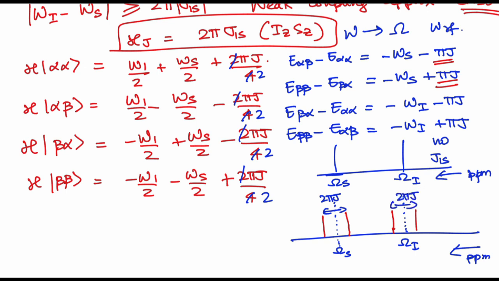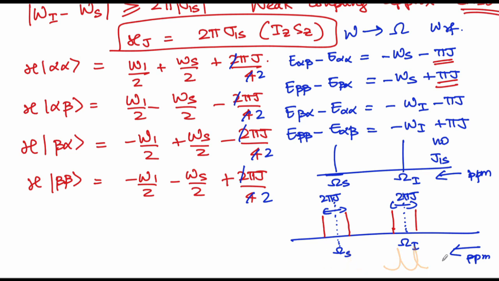The important aspect that you are able to see here is that one resonance splits into 2, therefore the sensitivity goes from 1 to half. Each of these resonances is 1 to 1, largely because the populations in the alpha and beta states are very close to each other. Therefore, you get a nice 1:1 doublet. Similar would be the case for the I spin.